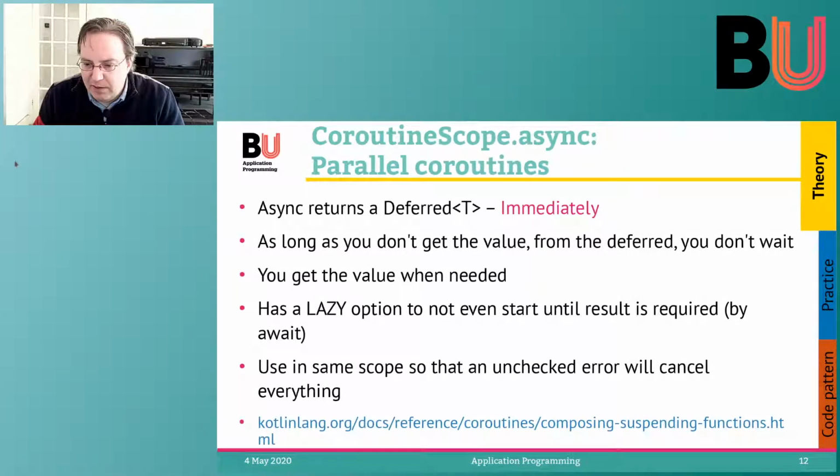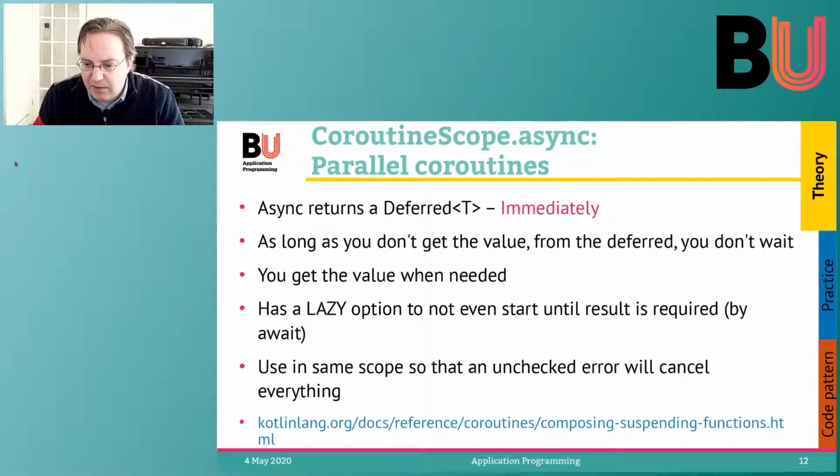So that was a very simple usage of coroutines, as in it's actually very easy to use. Getting your head around how you actually use this is a little bit trickier. I fully get that part, but that's what you'd want to do. So when we have a coroutine scope async, we get a deferred.